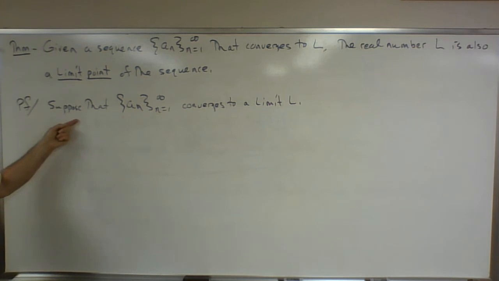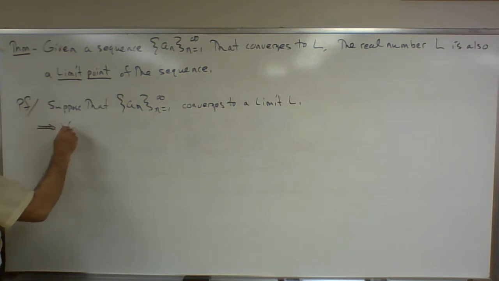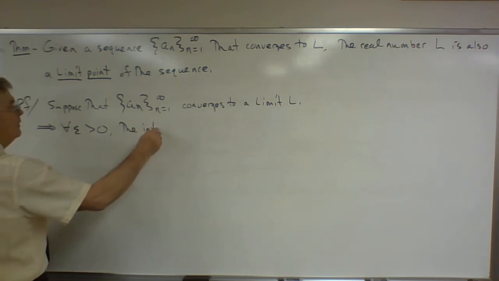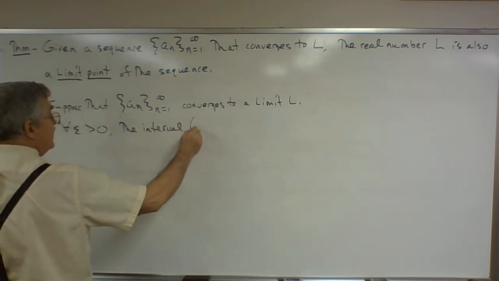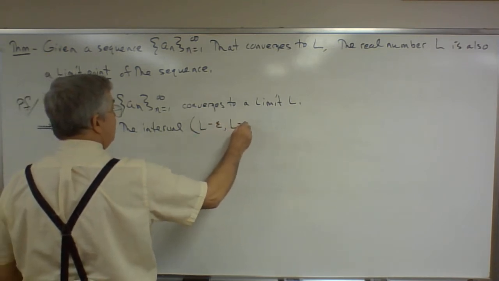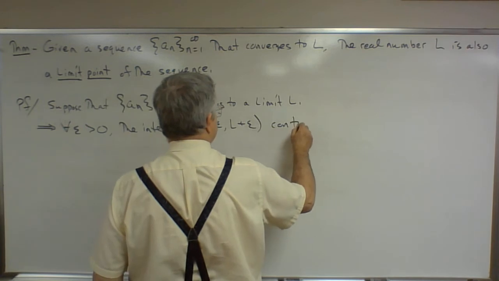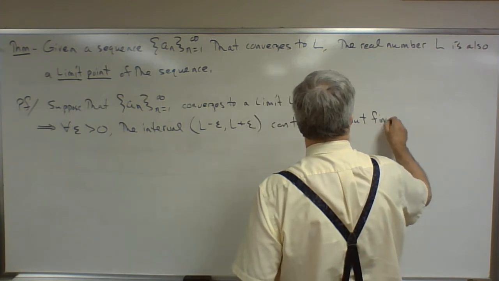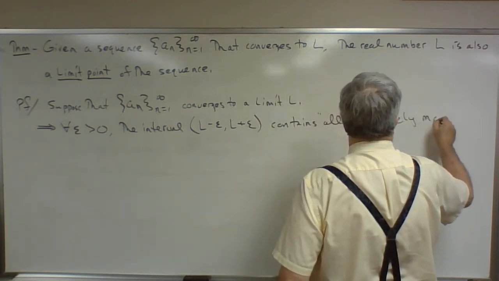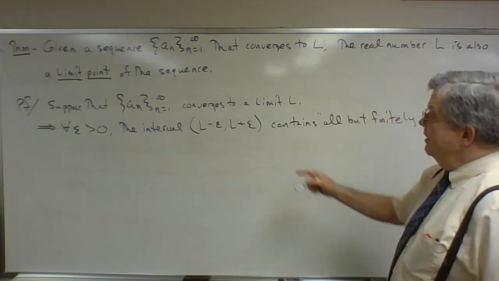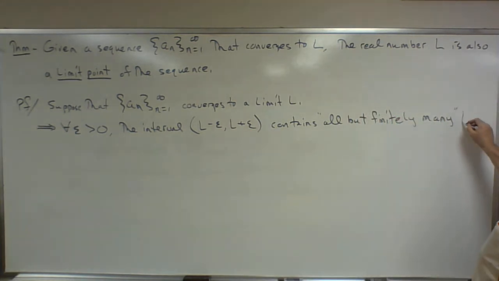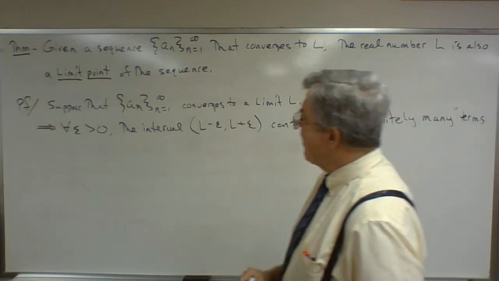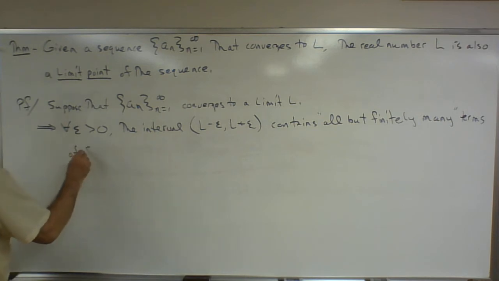So we'll let the hypothesis be given. This sequence converges to a limit L. So for every epsilon greater than 0, the interval L minus epsilon, L plus epsilon, this interval contains all but finitely many terms of the sequence a sub n.